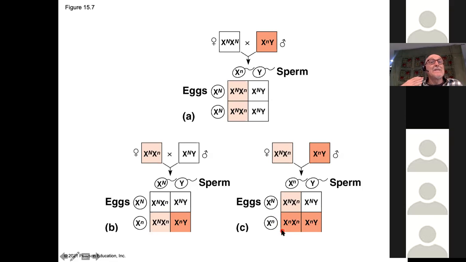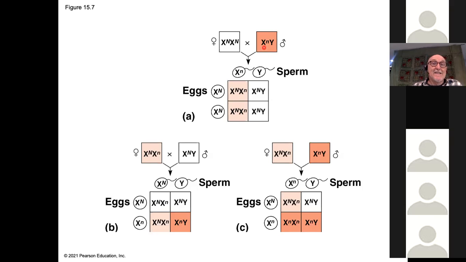She is a female who's expressing this mutant allele. You can substitute any number of disorders for the color blindness.